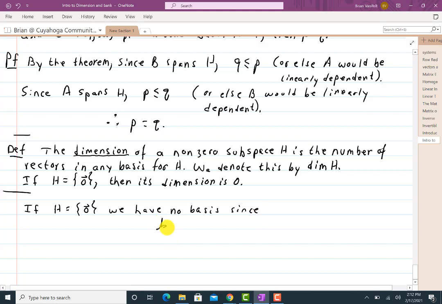If I take any number k times that vector, it doesn't matter what k is, I'm still going to get the 0 vector. So if k is not equal to 0, this automatically implies that the 0 vector by itself is linearly dependent. That's why we say that there's no basis associated with just the 0 space.